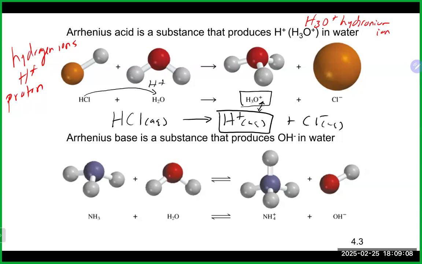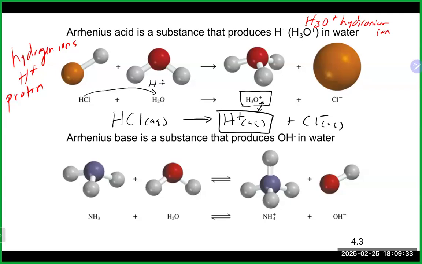So for acids, particularly if you include the water to show it dissociating or breaking apart in water in the actual equation, you should produce H3O plus. If you just show the acid breaking apart into its ions, like H plus and whatever it is, then you will not have the H3O plus. So either way is okay. Again, they're basically the same thing. They basically tell you an acid's happening.